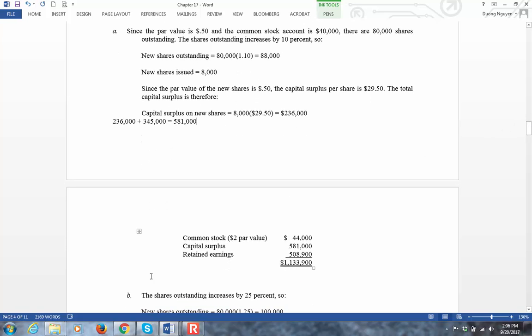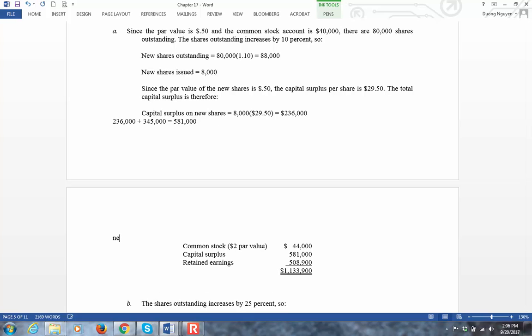So the new retained earnings will be equal to the total.